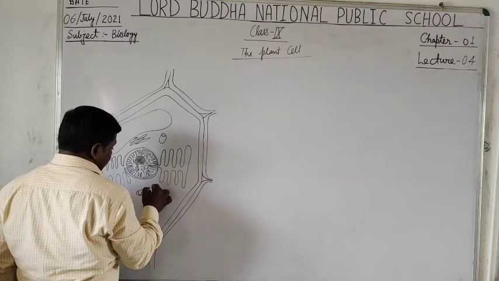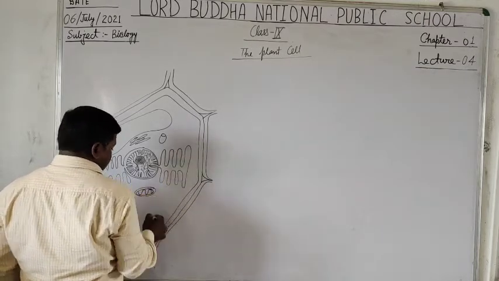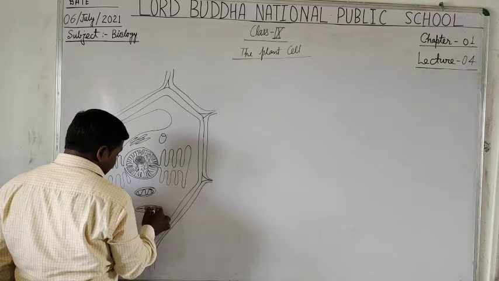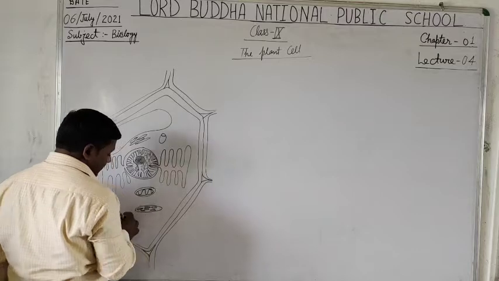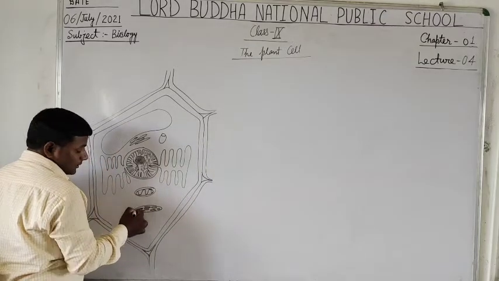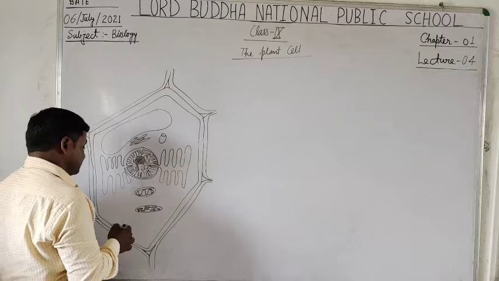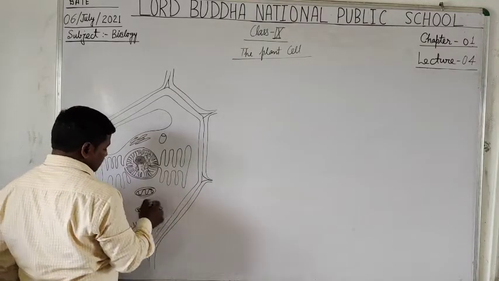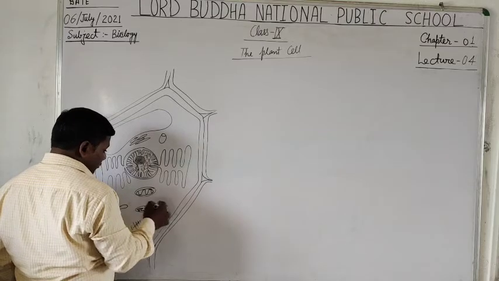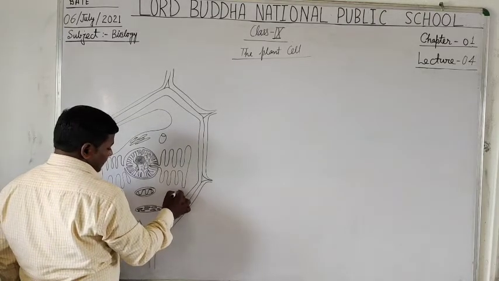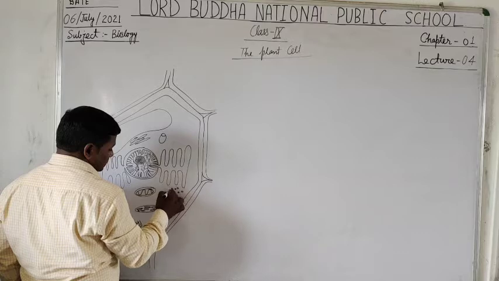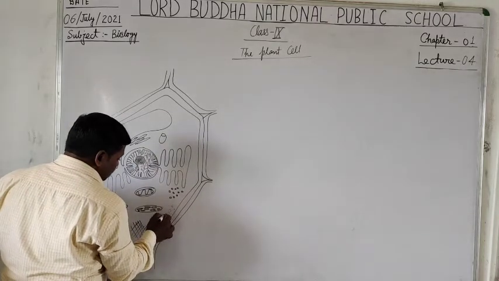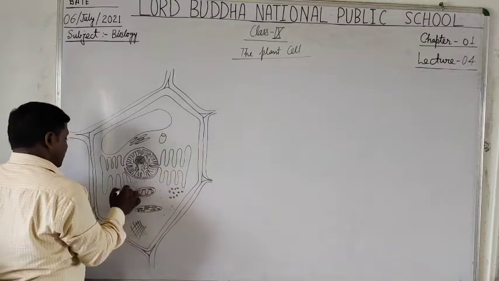These are the mitochondria, and this is the chloroplast, the most peculiar cell organelle of a plant cell. Now microfilaments, the microtubule, ribosomes, and these dotted structures are nucleoplasm.